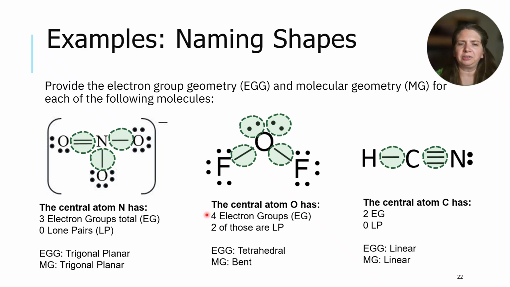The electron group geometry is tetrahedral, while the molecular geometry is bent. For hydrocyanic acid, there are 2 electron groups around the center carbon atom. Neither electron group is a lone pair. Therefore, the electron group geometry is linear, and the molecular geometry is also linear.